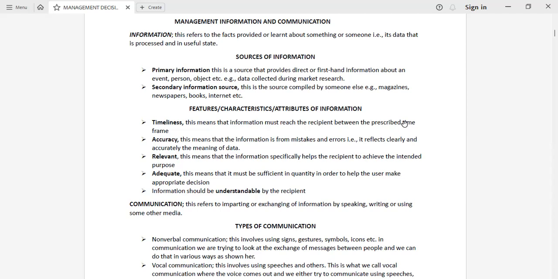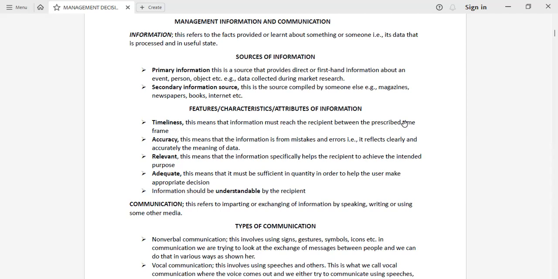Information refers to the facts provided or learned about something or someone. In other words, it's data that is processed and in a useful state.